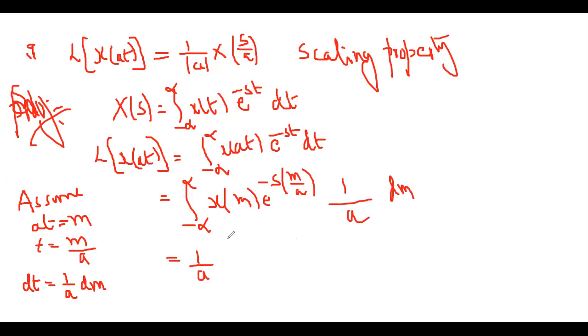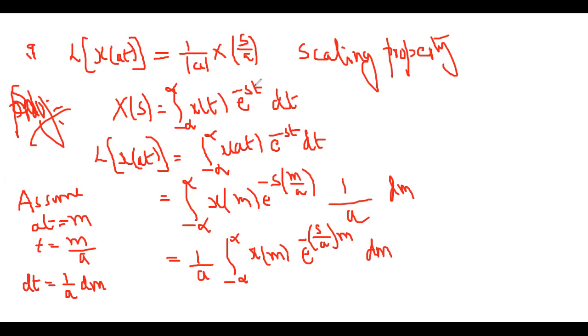Now it is in the form of 1 by a times the integral from minus infinity to infinity of x of m e power minus s by a, whole multiplied with m, into dm. Now observe the definition of the Laplace transformation: here we have x of m and e power minus s by a into m, dm. Instead of s, it is s by a, and the variable is the dummy variable m.